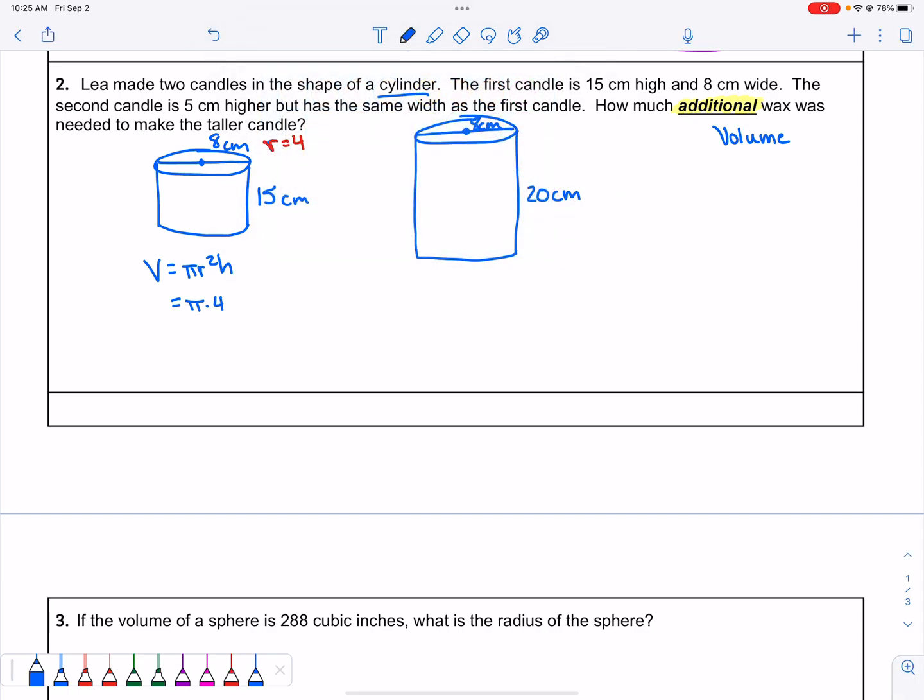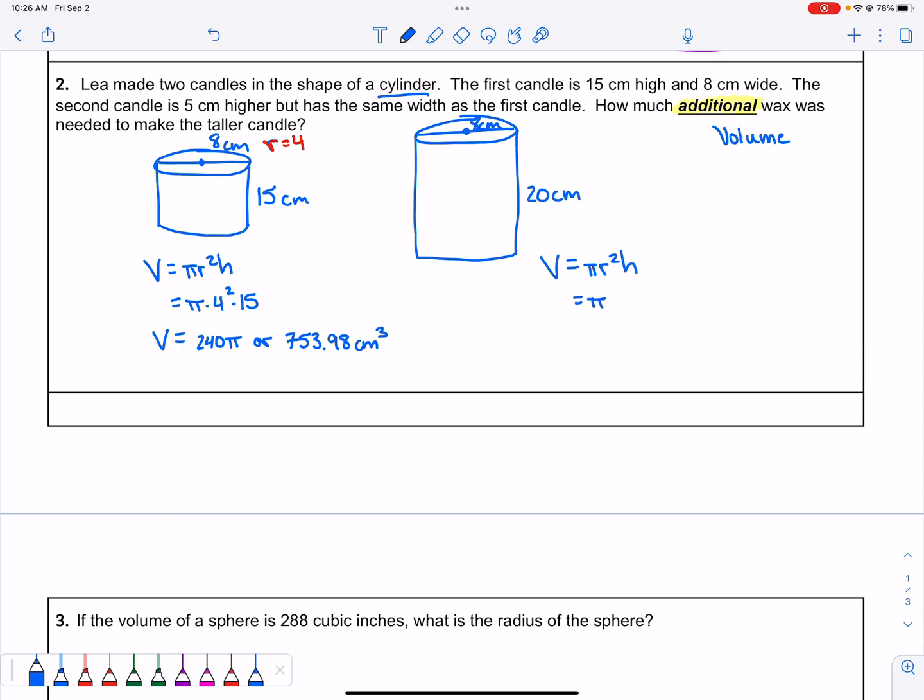So pi times 4 squared times the height, which is 15, would give me a volume of 240 pi, or as a decimal, it would be 753.98 cubic centimeters. So for the next candle that's taller, I still need to fill in pi r squared times the height, and that would be pi.